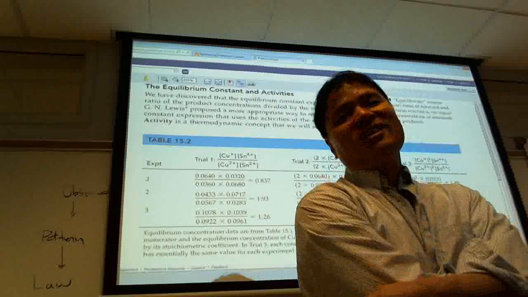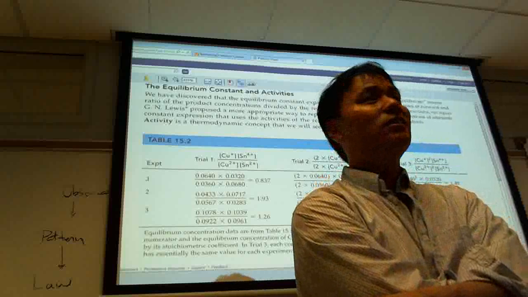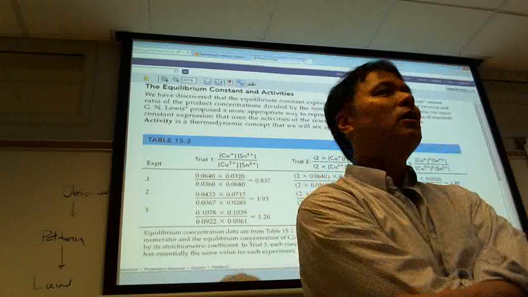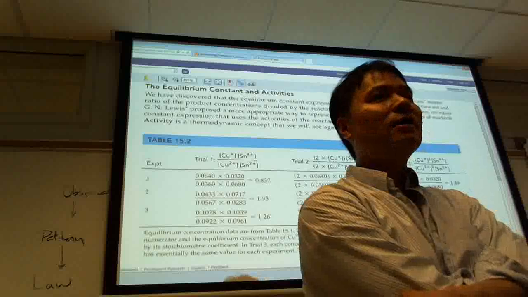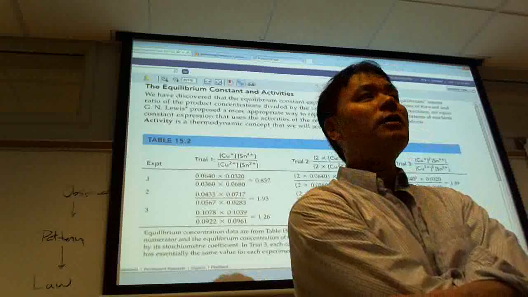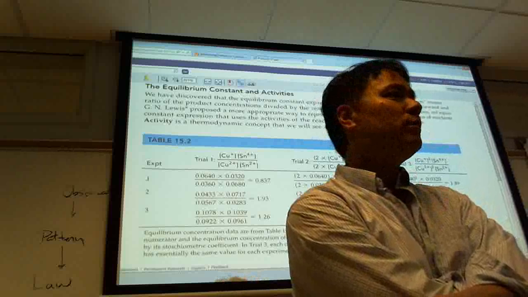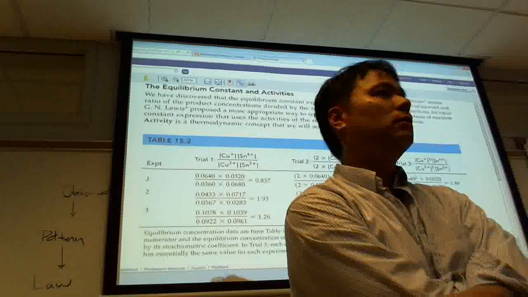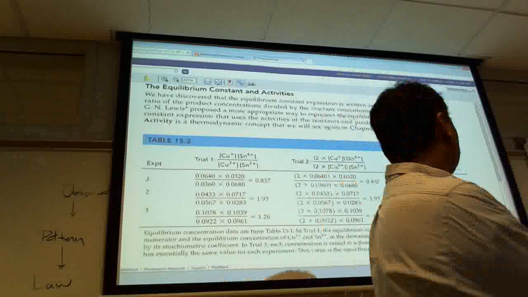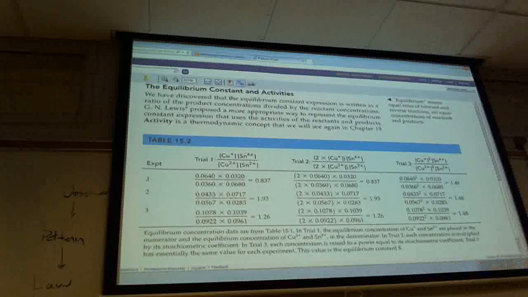You've seen this, the ideal gas law, right? What do we do with the ideal gas law? We do lots of calculations to figure things out. What can we do with this pattern, this law? This is the law of equilibrium. We can calculate stoichiometry because we know the pattern. And so you just memorize the law. What is the law of equilibrium? Let me show you what the law of equilibrium is.